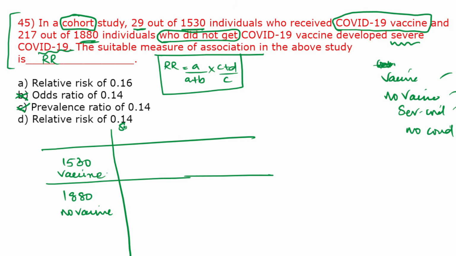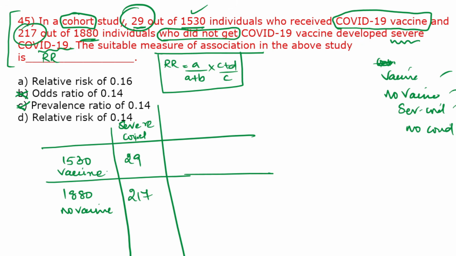They have developed severe COVID. How many people have developed severe COVID out of the vaccinated? You see over here, 29 out of the 1530. And from 1880, 217.